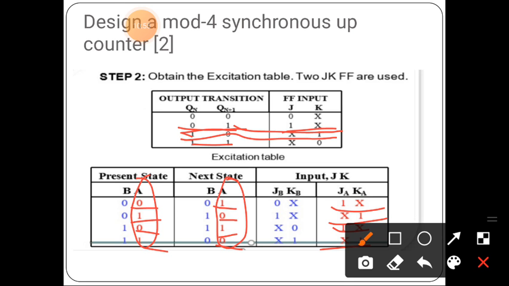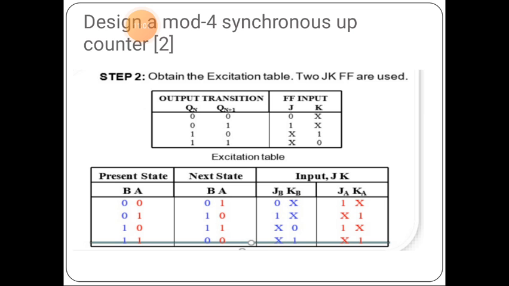So this is the JA and KA value. From these values we find the simplified equations for JB, KB, JA and KA using Karnaugh maps.